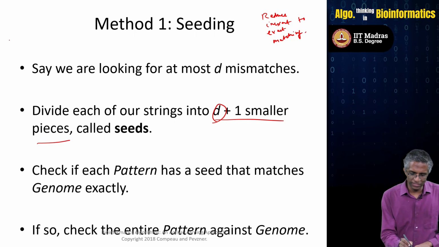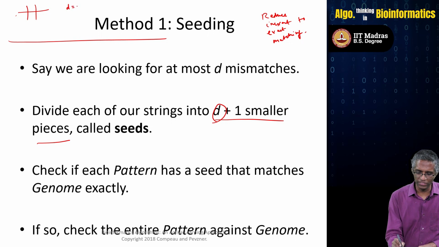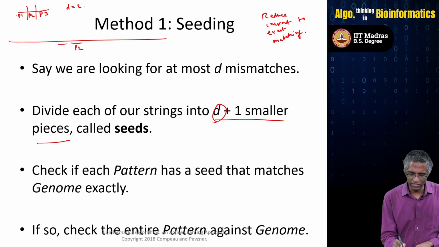But the idea is that you look at the genome, and then you get your pattern and split it into 3 pieces. Let's say D equals 2: this is piece 1, this is piece 2, this is piece 3. Maybe piece 2 is hitting here exactly. Then you extend it to the left and right, put the pattern here, and check if it is able to match with at most D mismatches.